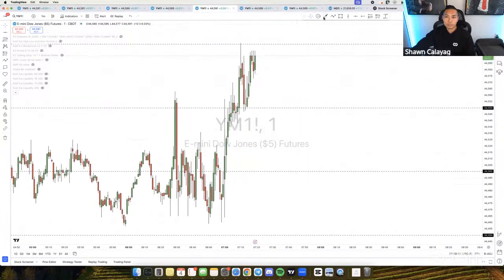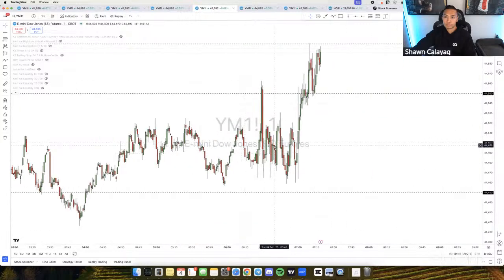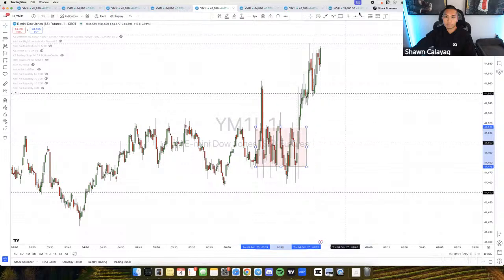It was sitting down here, original range. Now sitting up here. So we had a range right here, price pushed up. Another range right there.